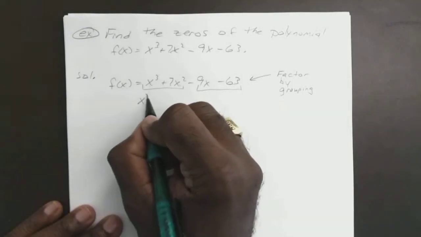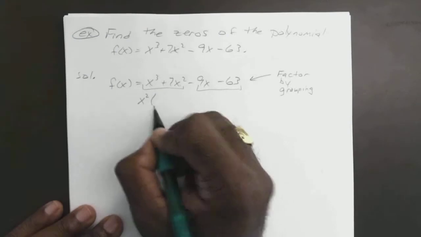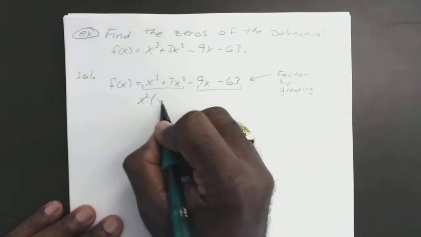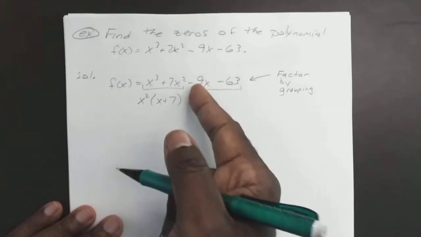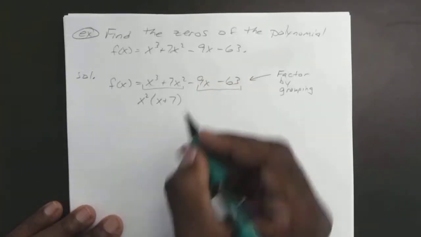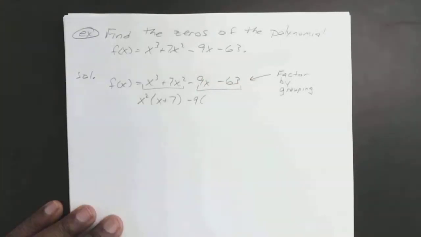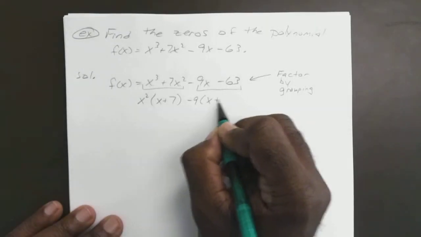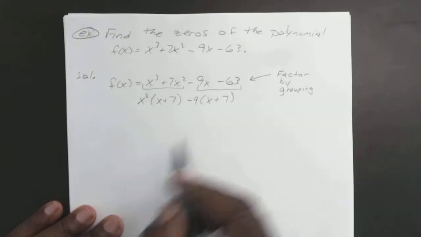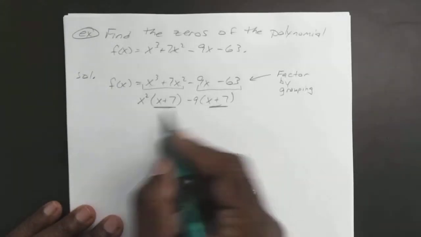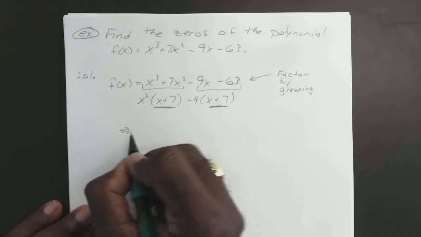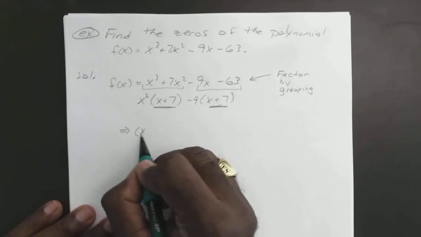So here you can factor out an x squared, which leaves you with x plus 7. Here you can actually factor out a negative 9, which leaves you with x plus 7. Remember, your goal is to have these 2 match. Once they match, you can just factor those 2 out.